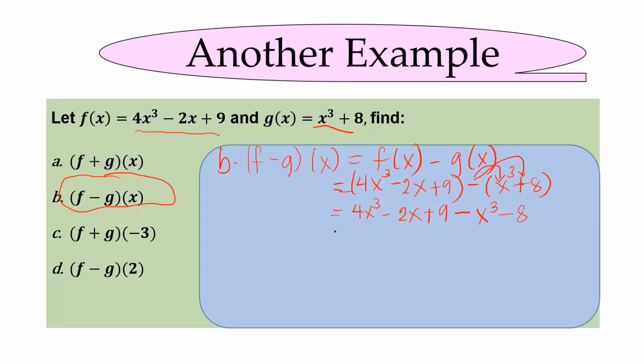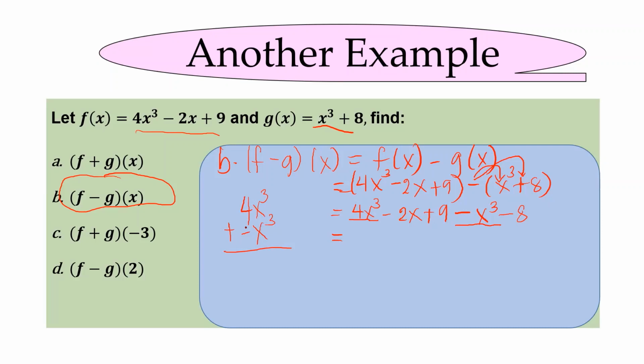First is, we need to take a look kung sino yung may same na terms. Si 4x cubed at saka si negative x cubed, the same. They have a variable of x with a degree of 3. Therefore, we can combine 4x cubed plus negative x cubed.